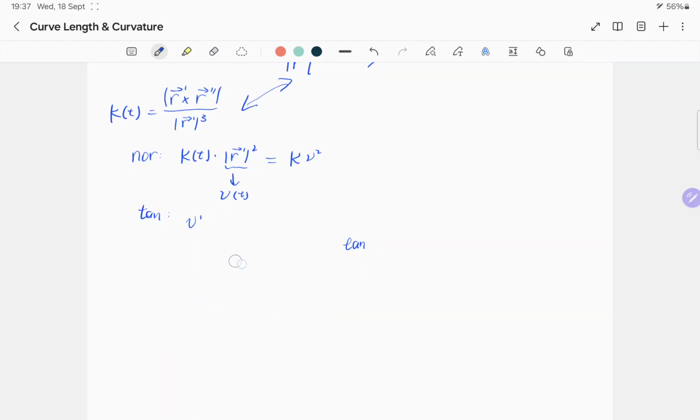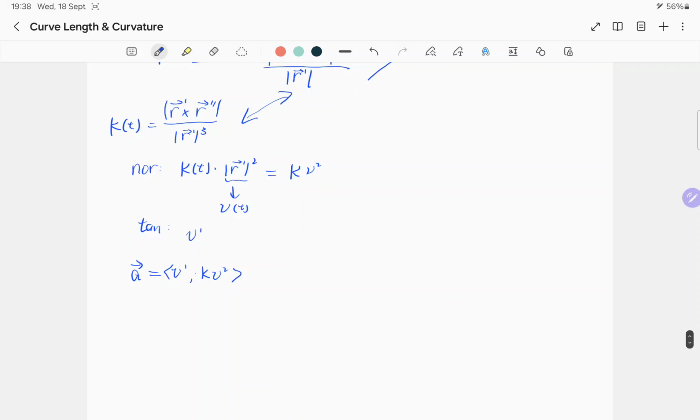Therefore, we can write the whole acceleration out. a is actually equal to the vector nu prime, kappa times nu squared. These two components are the parallel direction and the perpendicular direction.